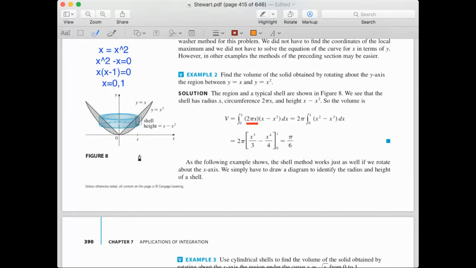Sometimes it's kind of confusing. But it's always good to know one more method. So 2 pi x times f of x, cutting along dx. So the rest is just calculation, right? So after we calculate, we get pi over 6.